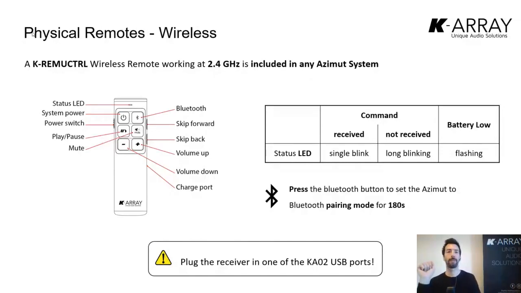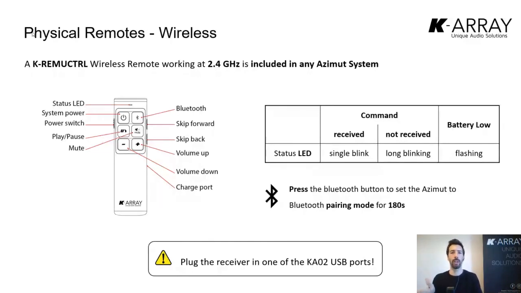And from here, what do you have to do? You open the wireless remote control box, and inside the box, you will find a little dongle, a little USB dongle. You have to plug that USB dongle, which is a receiver, inside one of the USB ports of the amp.